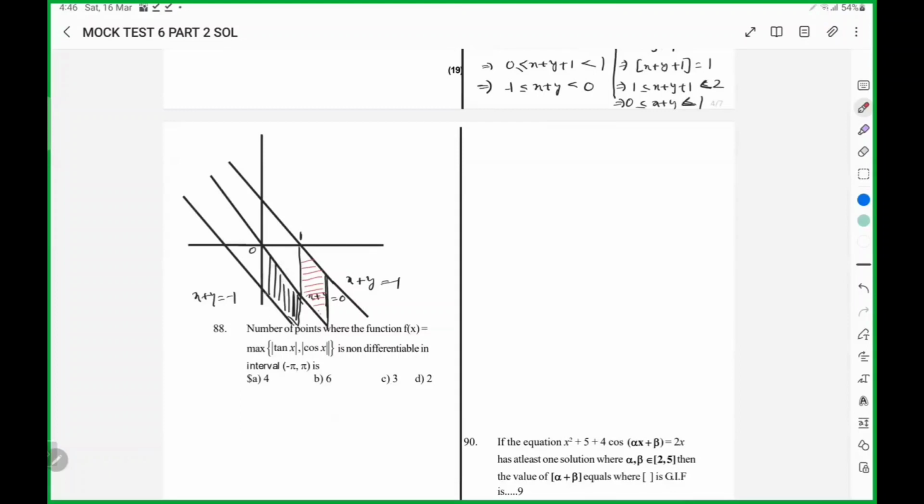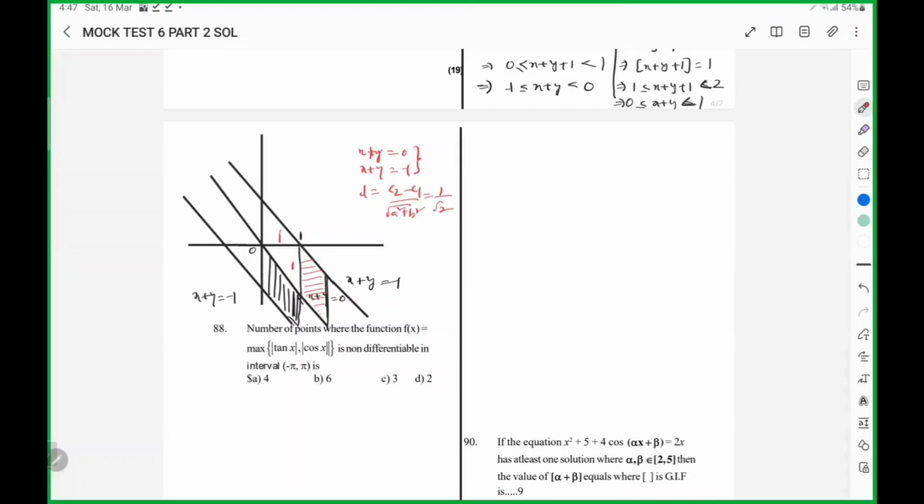Here these are two parallel lines, x plus y is 0. Distance between parallel lines is c2 minus c1 by root of a square plus b square, 1 by root 2. So this is 1 unit. Here also this is 1 unit.